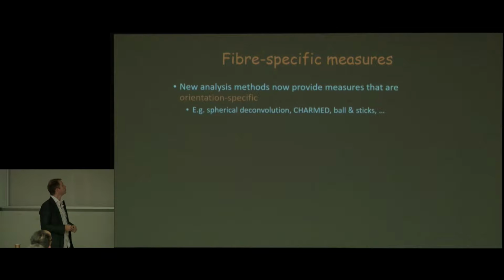So nowadays we have new analysis methods that do provide measures that are orientation specific, and that's spherical deconvolution, for example, but also CHARMED, the ball and sticks model. These methods do provide you with, at least most of them, an estimate of the density or the partial volume of each fiber component. So at least that's something that's fiber specific and that we can do something with.